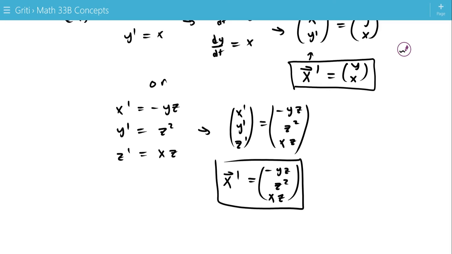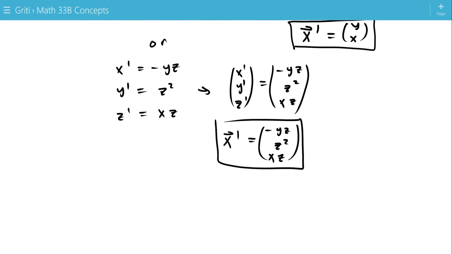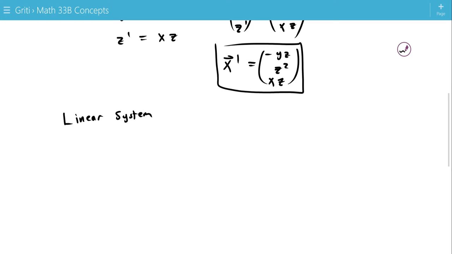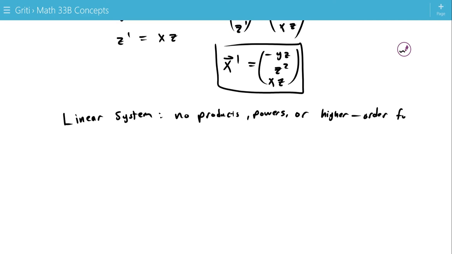So next we look at linear systems. A linear system has no products, powers, or higher order functions involving the unknown functions.